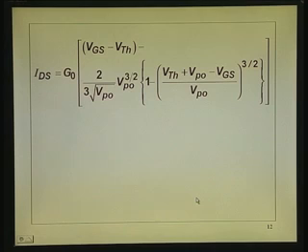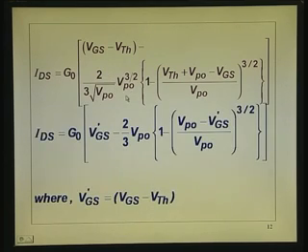Now, let us see how this will work out. You have got here 2/3 of Vp0. What we will do now is, instead of keeping on writing Vgs minus V threshold, we will call it Vgs dash. When I write Vgs dash, that is Vgs minus V threshold, and this term is Vp0 to the power 3 by 2 by root of Vp0.